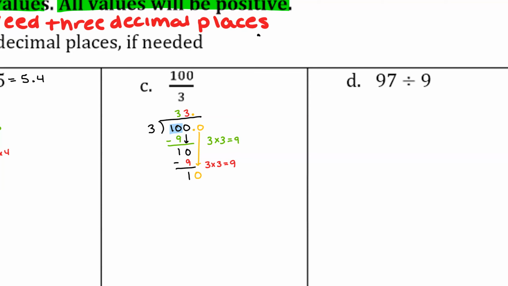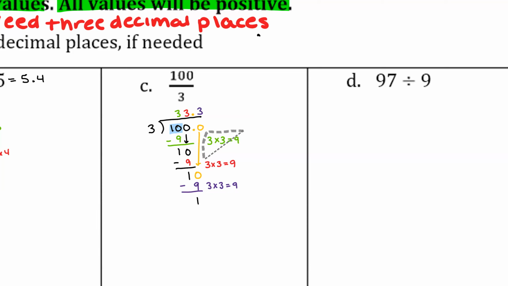So what do I times 3 by to get close to 10? Well, 3. So 3 goes upstairs, 9 goes downstairs for subtraction. 10 take away 9 is 1. And now I need another 0 to bring down.